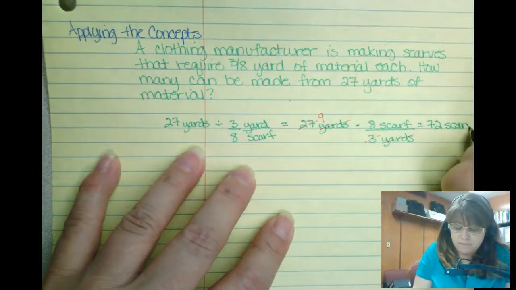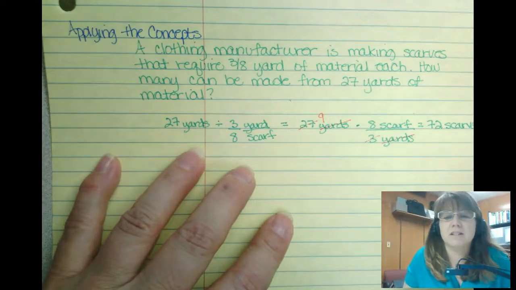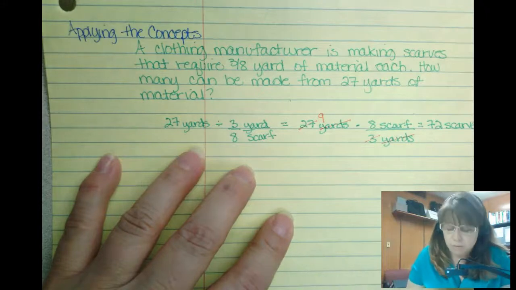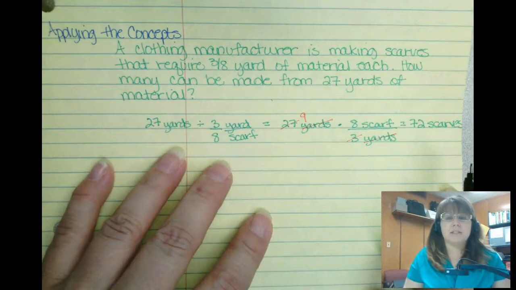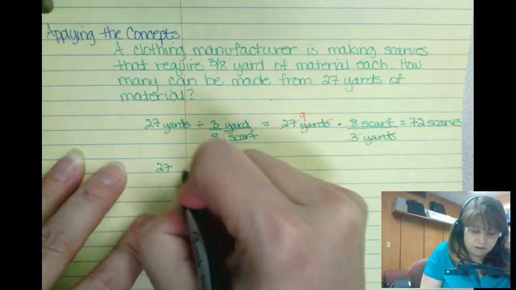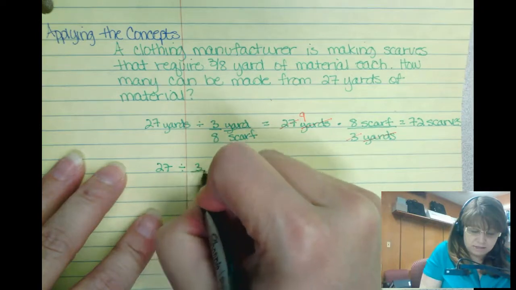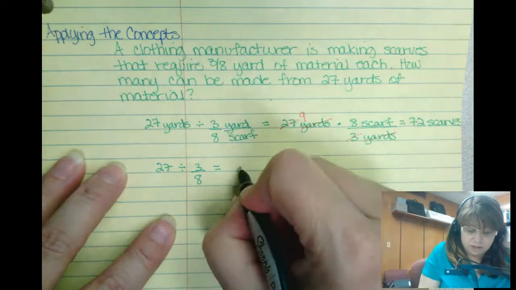scarves. Now, the plural of scarf is not scarfs. So I will spell it correctly. But that's the solution. Now you could have just worked with the numbers and said 27 yards divided by 3/8, which takes each scarf.